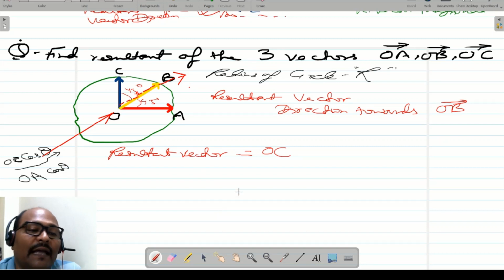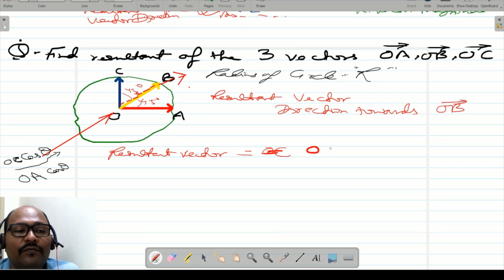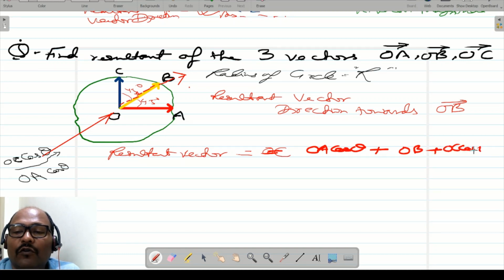The resultant vector, I will write it one by one. The resultant vector is towards OB, and the magnitude of those vectors is OA cos theta plus OB plus OC cos theta.